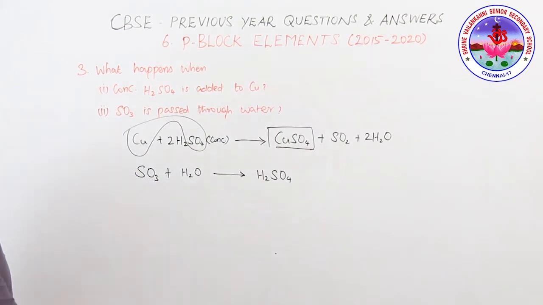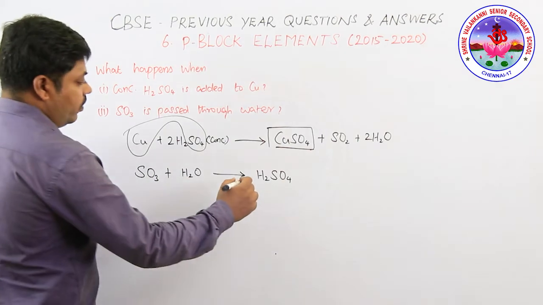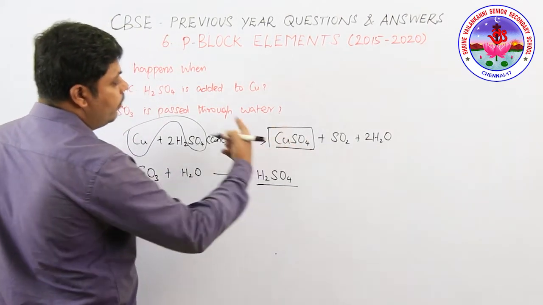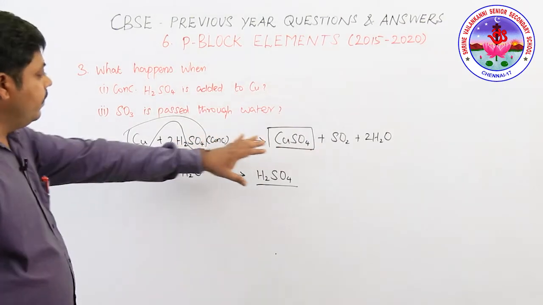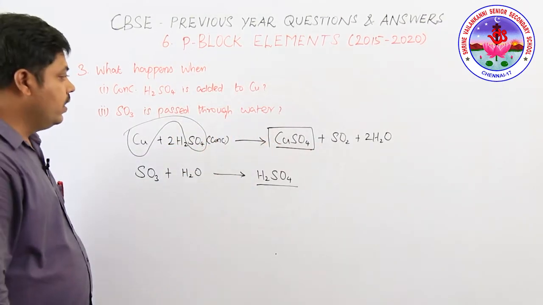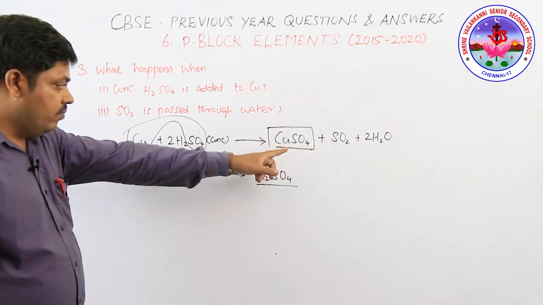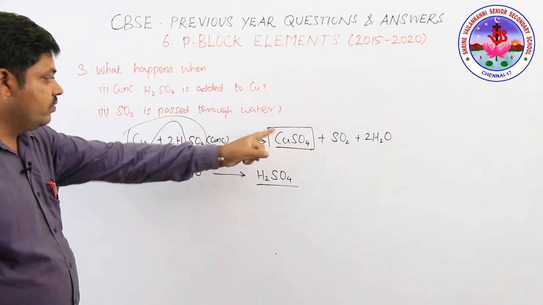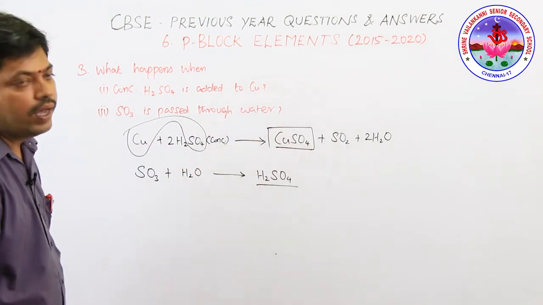So this is the answer. You have to write that it produces sulfuric acid. In the first question, it produces copper sulfate. That is the key point, and you also have to write the equation. The equation carries half a mark and the answer carries half a mark. So this question is 1 mark, and similarly this question is 1 mark.